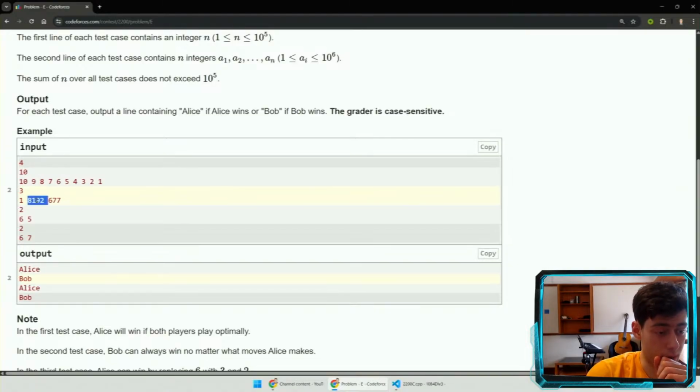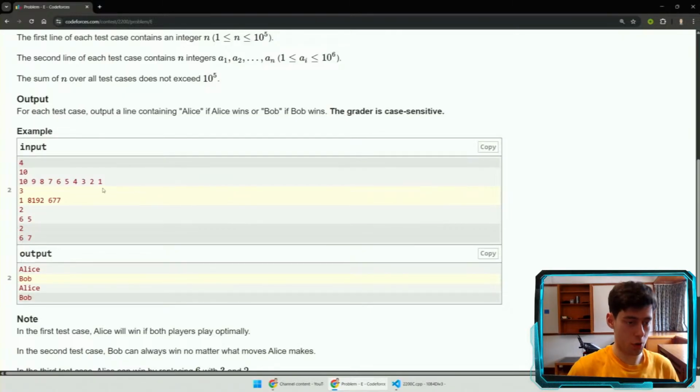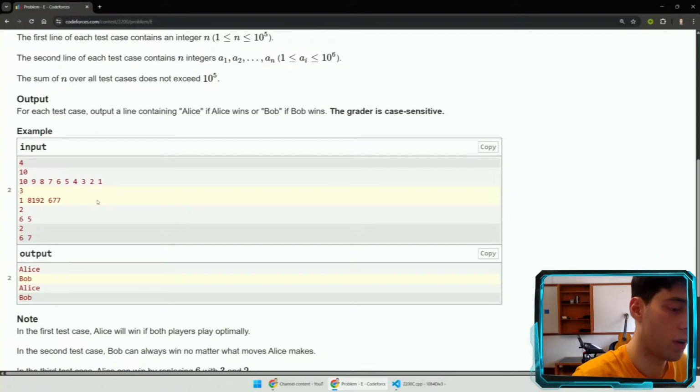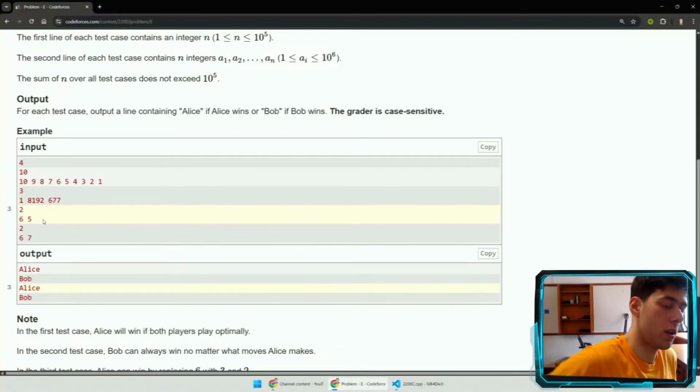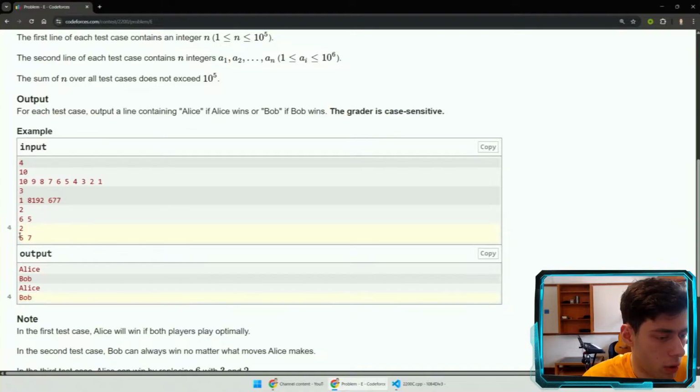Right, but for this number, what order you put them in is going to matter. So for this number, wait, Alice wins here because she just puts them in the correct order. Wait, what? Bob wins. Wait, what?